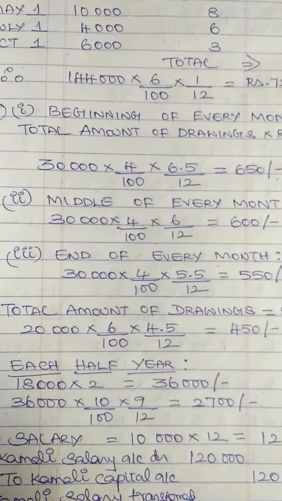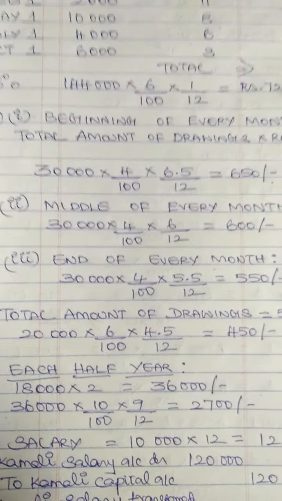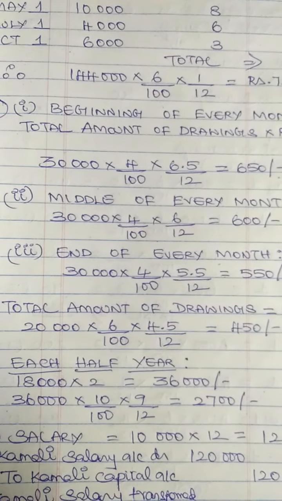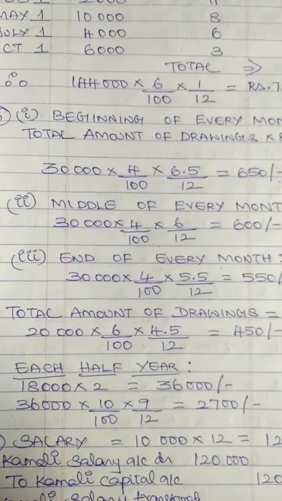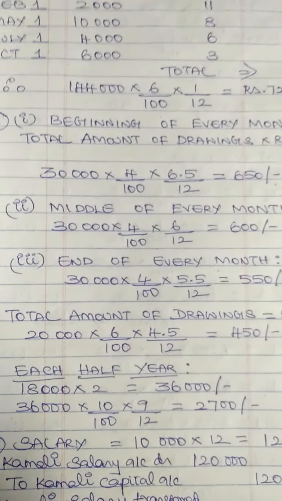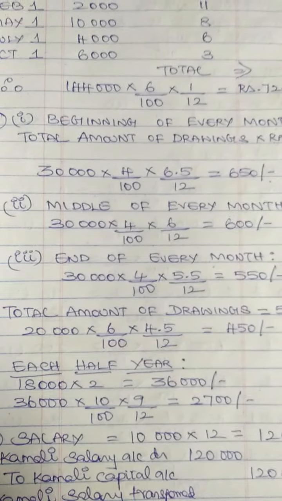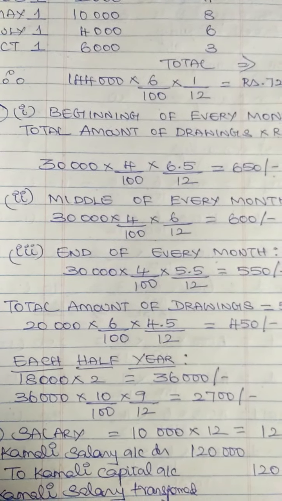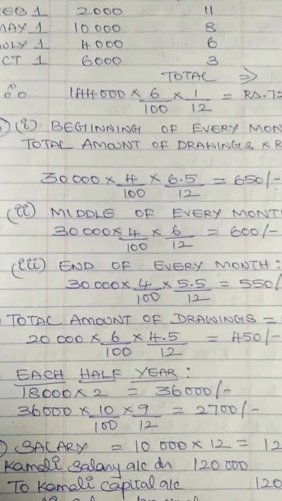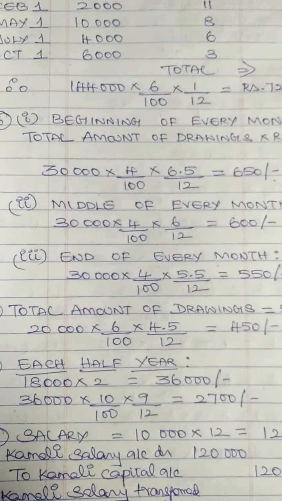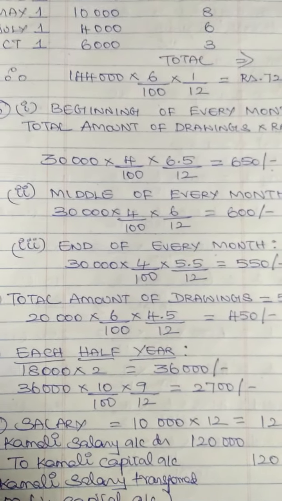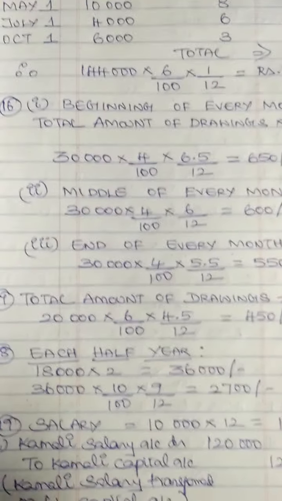So 30,000 into 4 by 100 into 6 by 12 is the formula. That comes to 600 rupees. Then the third one is end of every month: 30,000 into 4 by 100 into 5.5 by 12. The 5.5 is the formula. That comes to 550 rupees.